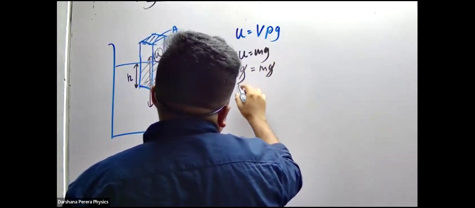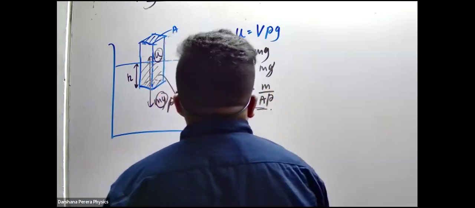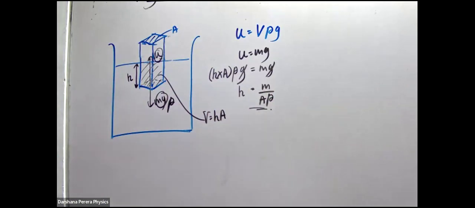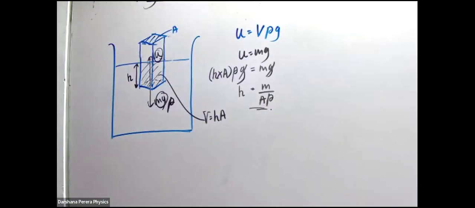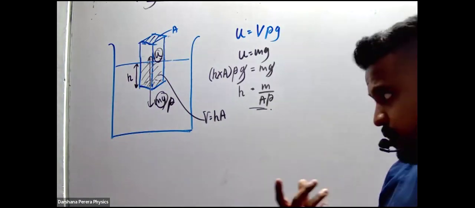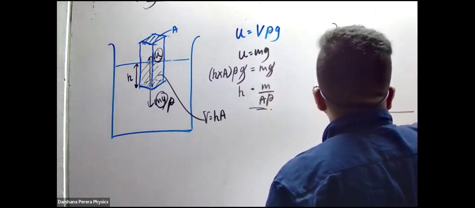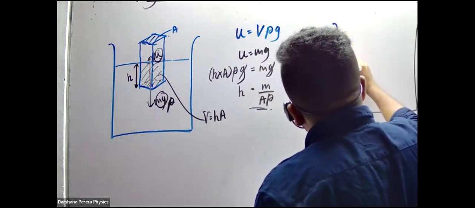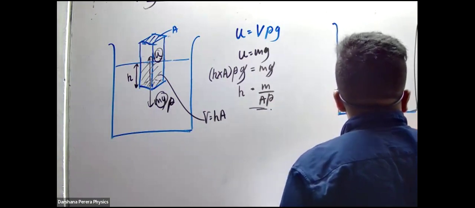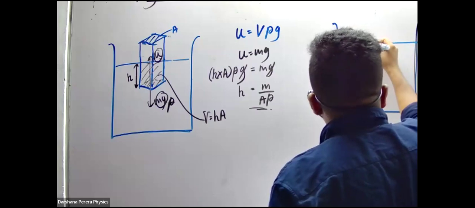Cancel out. H equals m over A rho, right? Like that. So when it floats, I consider this case, when it is going downward or upward with uniform acceleration. So let's find again the immersed volume, immersed height.